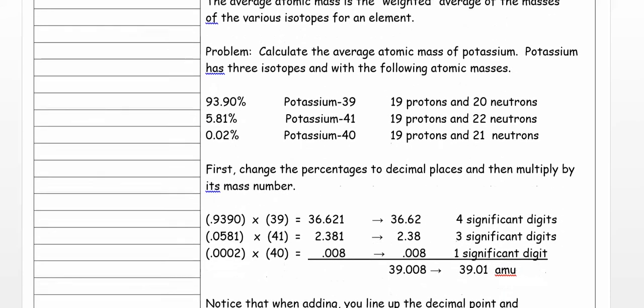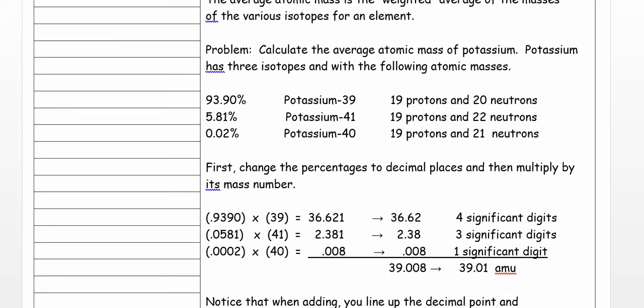Here's the problem. It says calculate the average atomic mass of potassium. Now, potassium has 3 isotopes with the following atomic masses: potassium 39, potassium 41, and potassium 40. Notice all of them have the same number of protons, 19, 19, and 19. If they didn't have 19 protons, they wouldn't be potassium. But isotope 39 has 20 neutrons, 22 neutrons for the second type, and 21 neutrons for this, right?